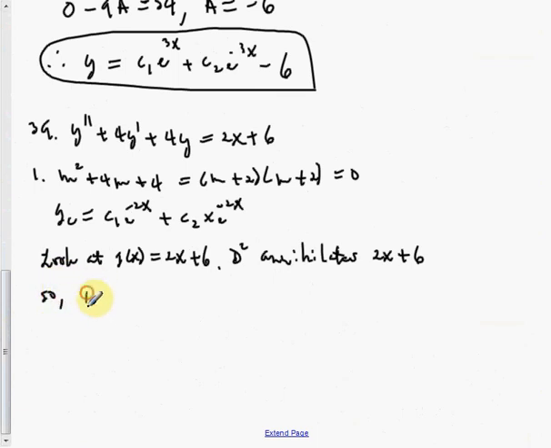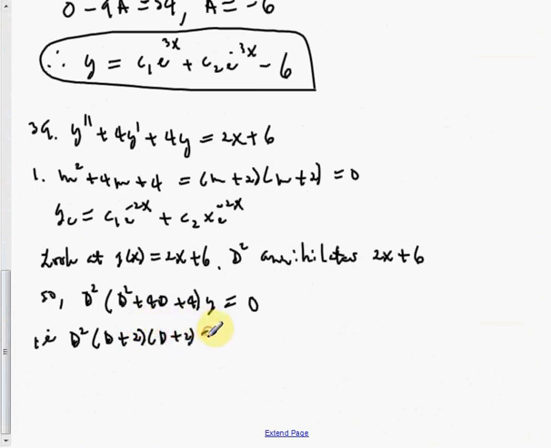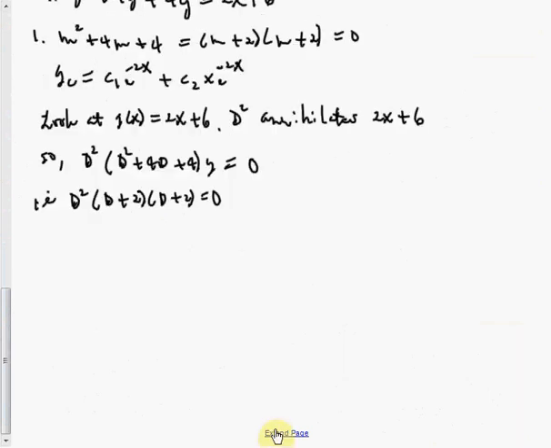So D squared times D squared plus 4D plus 4 annihilates the whole differential equation. That is to say, this is D squared times D plus 2 times D plus 2 equal to 0.